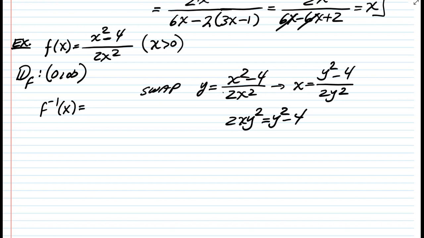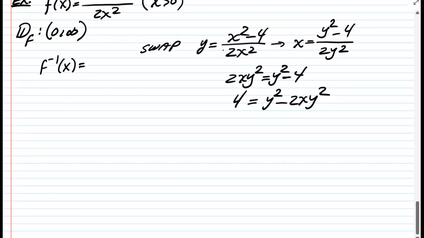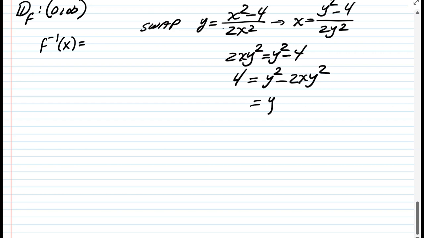Okay, now we want to solve for y, correct? So I'm going to keep the y squared on the right side, move 2xy squared to the right, the sign changes. Bring -4 to the left, the sign on that changes. I'm then going to factor the y squared. That gives me 1 minus 2x.